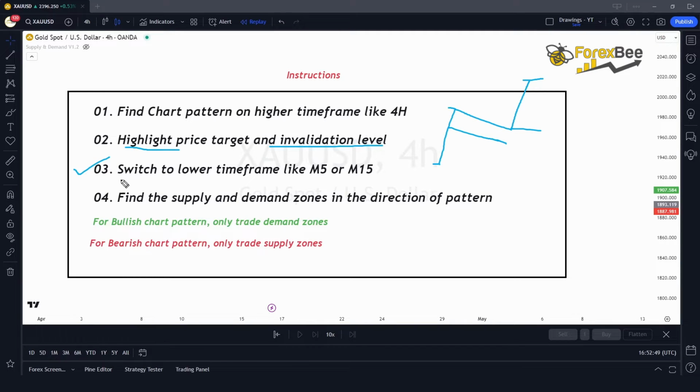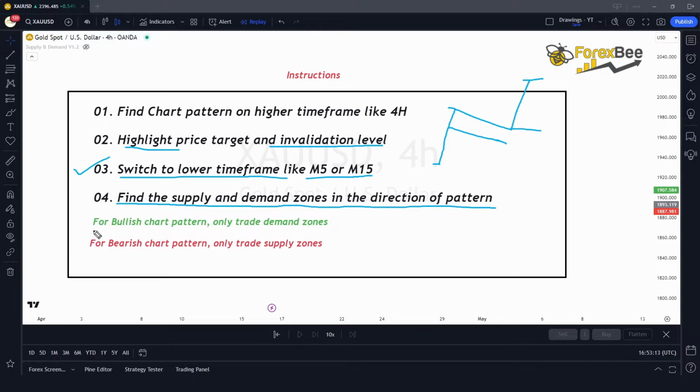Then we're going to switch to a lower time frame like 5-minute or 15-minute, and after that we're going to trade the supply and demand zones in the direction of the pattern that we have found. Now I know it might not be making a lot of sense to you since I'm just reading this out, but bear with me because I'm going to show you live how you can trade this strategy.